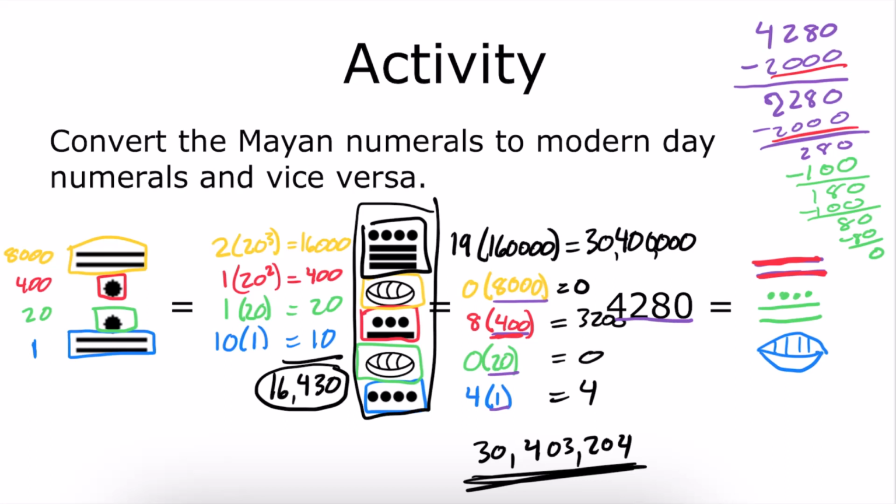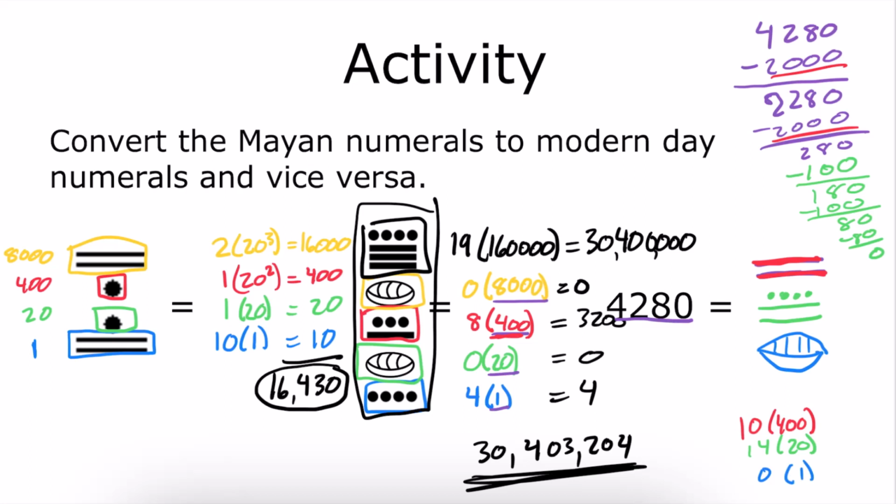And we could check our work to make sure that I did this correctly. So we could say, okay, well, the red part of my numeral tells me that I have 10 in my 400s column. And the green part of my numeral tells me that I have 14 in my 20s column. And the blue part tells me that I have 0 in my ones place value.